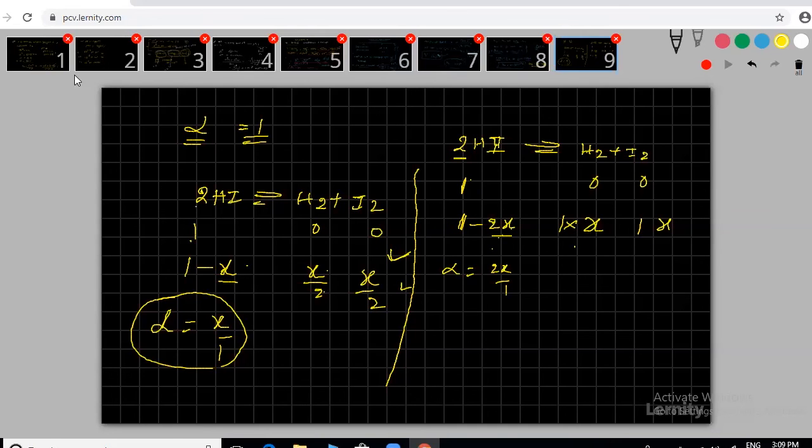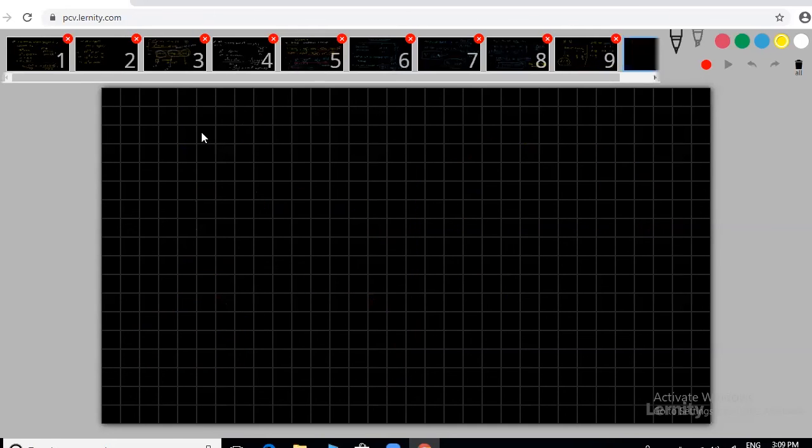Can you apply it for N2 plus 3H2 gives rise to NH3? Initially 1 mole, 1 mole. Apply degree of dissociation: 1 minus x. In front of this, how much? Just 1 into x, 1 minus x.